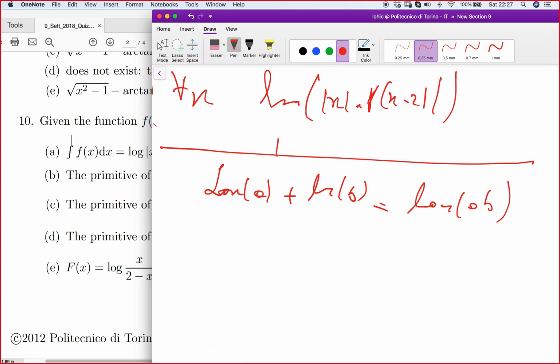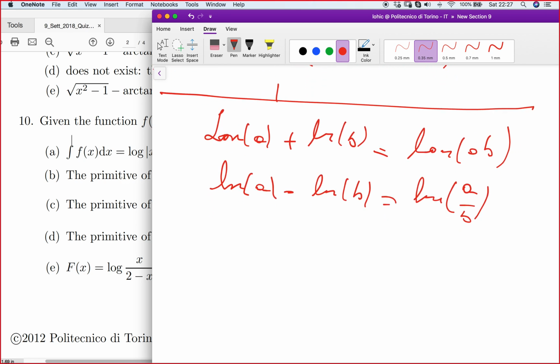Is that clear? The logarithm of a minus the logarithm of b is the logarithm of a over b, right? In fact, n times the logarithm of a is the logarithm of a to the power n.